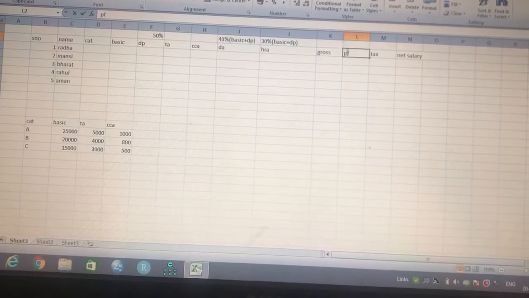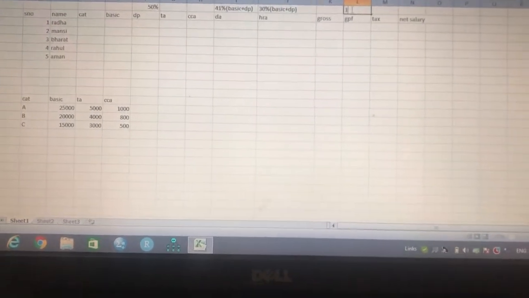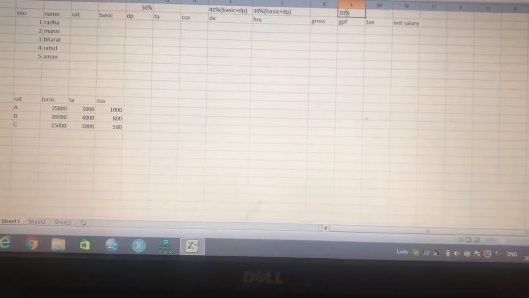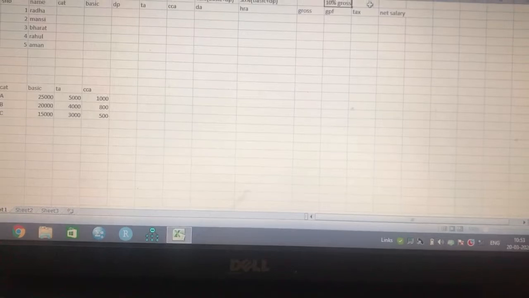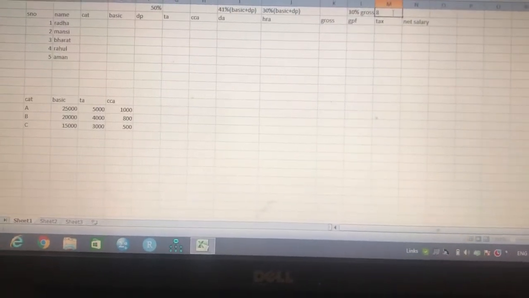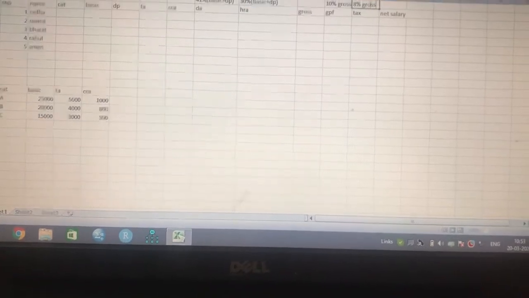You can just edit it as GPF as per the question, which is 10% of your gross, and then tax is nothing but 8% of your gross, right?